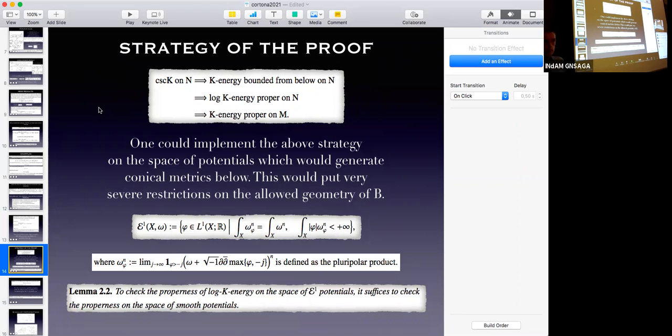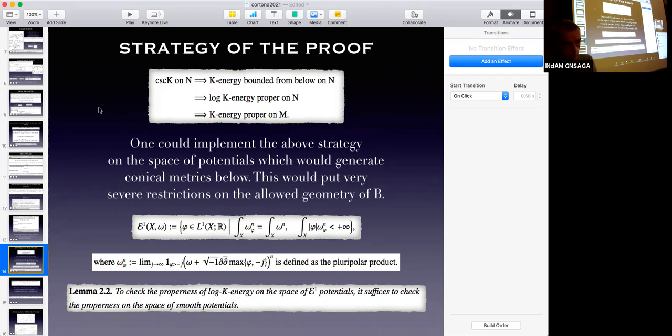Would you consider singular varieties, not manifolds? So the question is whether I consider non-smooth algebraic varieties to play this game. You might have non-normal singularities, so there is normalization.